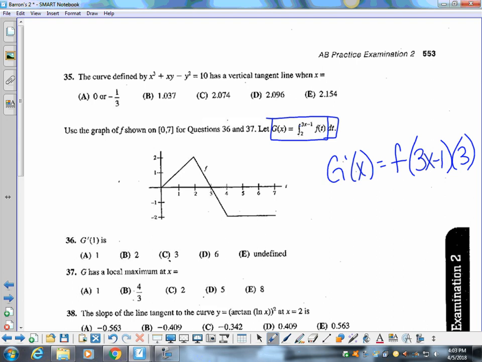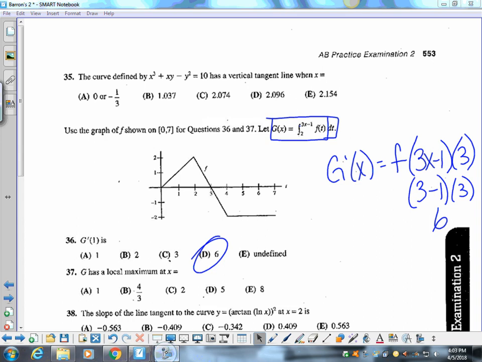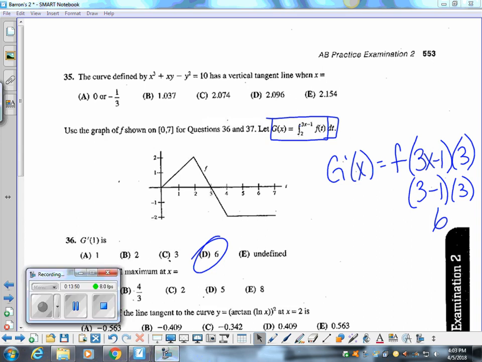And then if I plug in a 1, that'd be 3 minus 1 times 3, which would be 6. 3x minus 1. Yeah, take just a second and stare at that for a second.